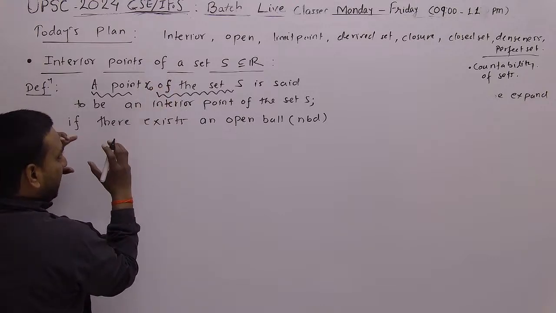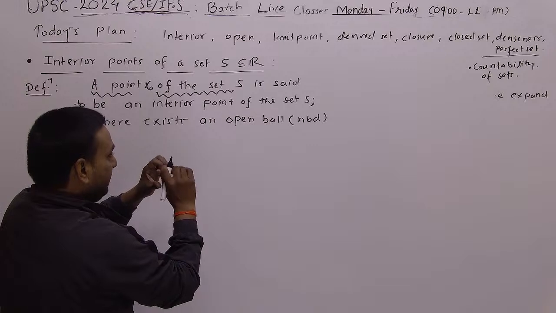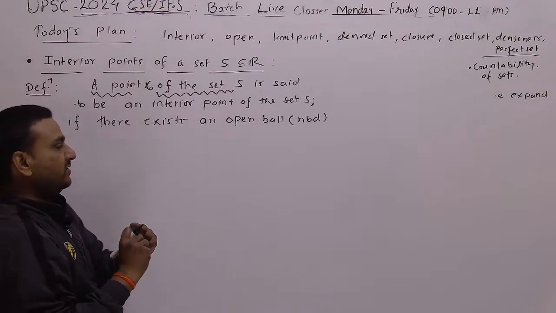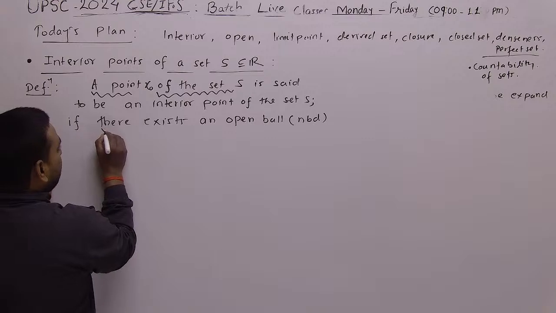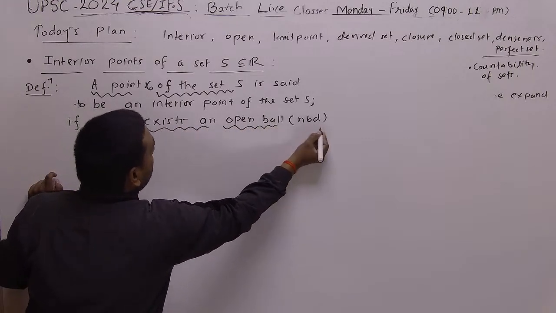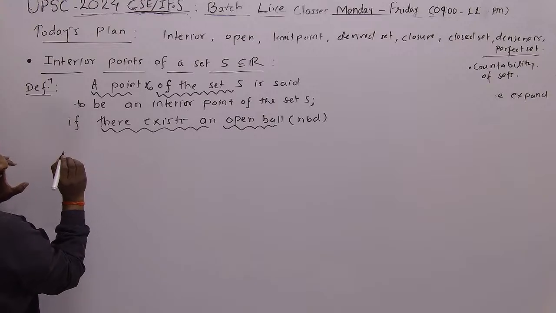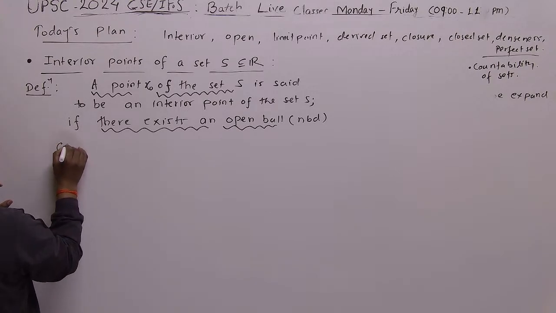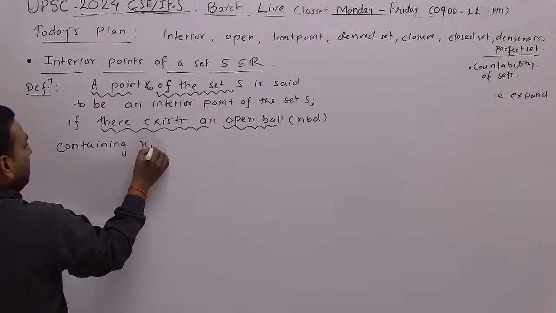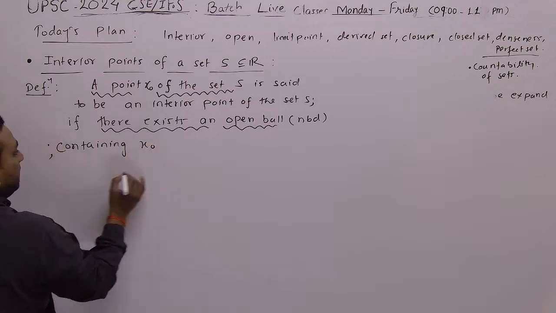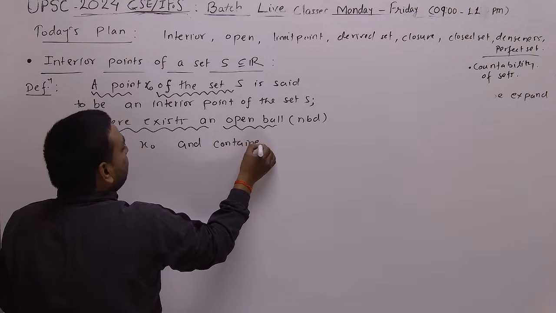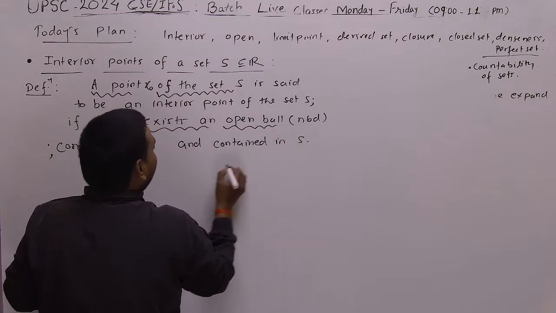A point x naught of the set S is said to be an interior point of that set S if there exists an open ball or neighborhood containing, the very important word, containing x naught and contained in S. बस खत्म हो गया, ठीक है?